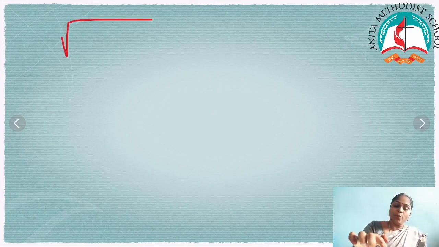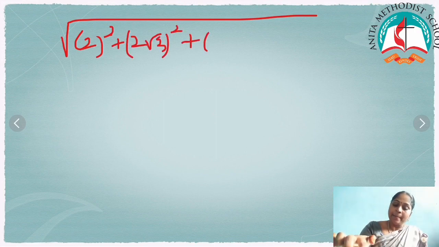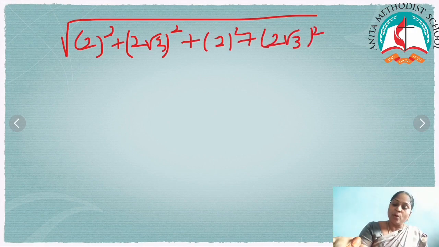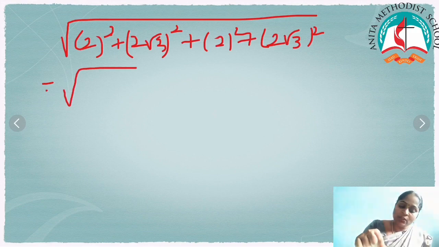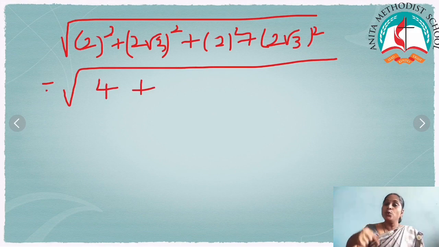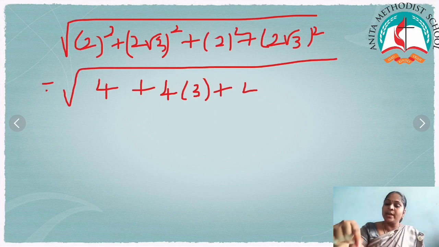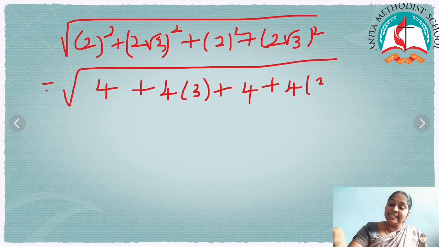That we can write as square root of 2 square plus 2 root 3 the whole square plus 2 square plus 2 root 3 the whole square. So expand this. What is a 2 square? The 2 square is 4 plus 2 root 3 the whole square. 2 square is 4 and root 3 square is 3 plus 2 square is 4. 2 square is 4 and root 3 square is 3.